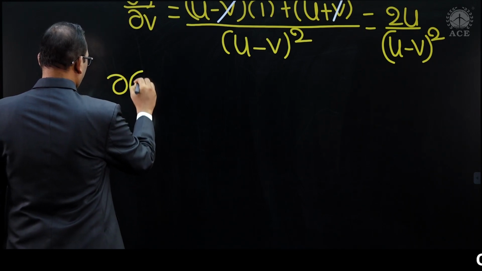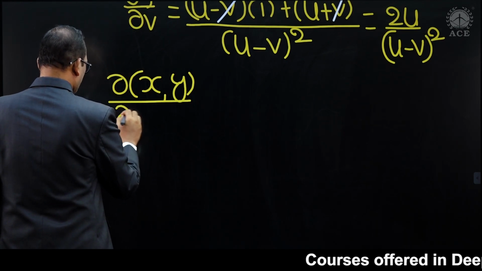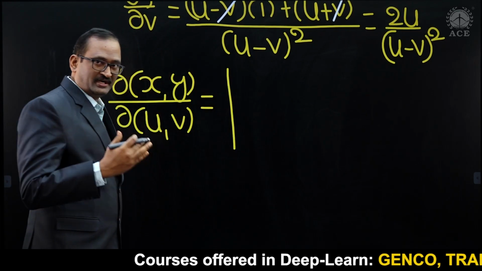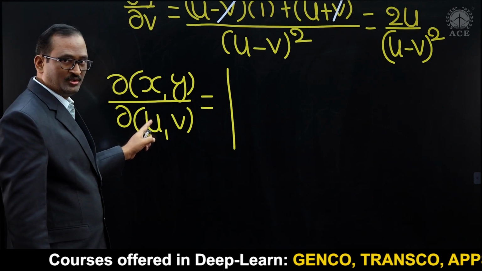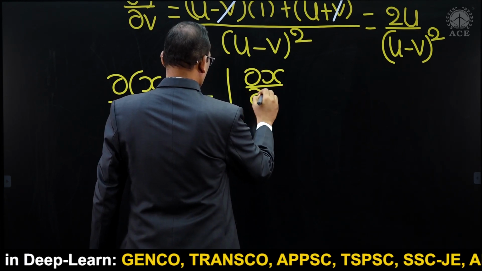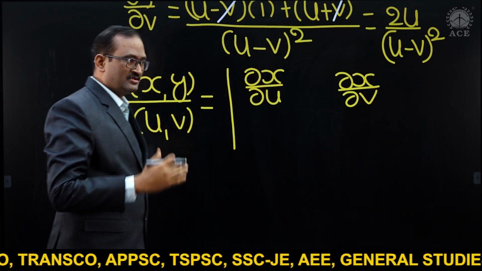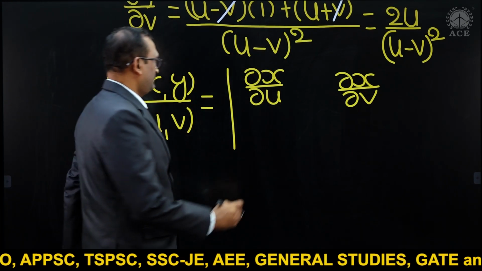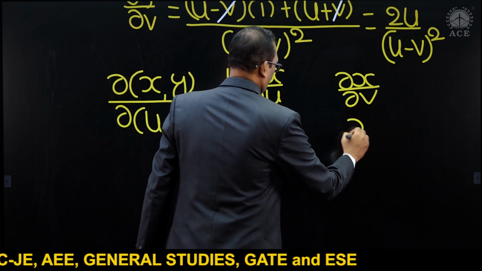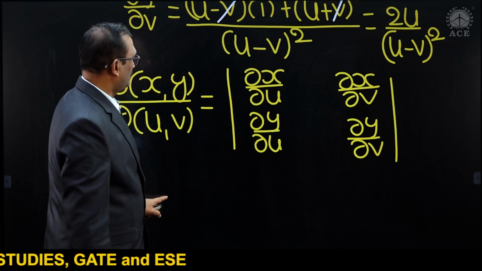Jacobian of x, y with respect to u, v is defined as ∂(x,y) by ∂(u,v), that is equal to the determinant whose first row is ∂x/∂u, ∂x/∂v, and second row is ∂y/∂u, ∂y/∂v.